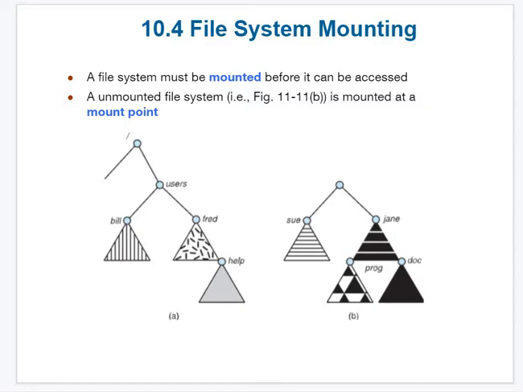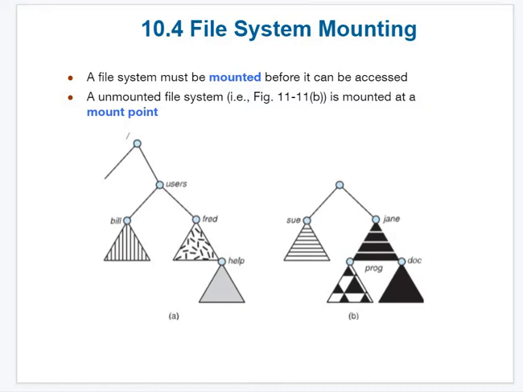Here, assume that there is one node which has a right child called users. Users has two children, Bill and Fred. Fred has a child called help. Then there is one separate spanning file system, a tree structure, which has Sue, Jane, programs and doc.